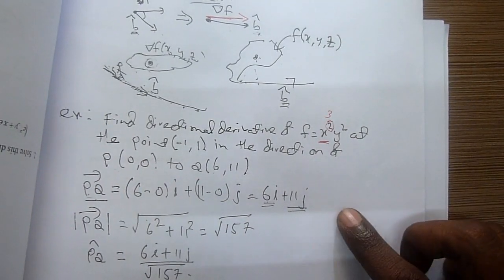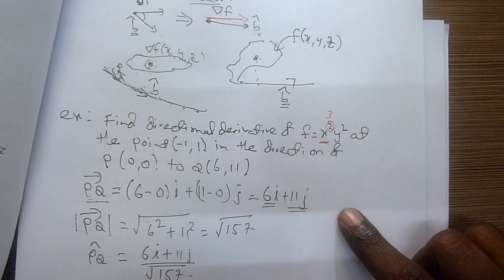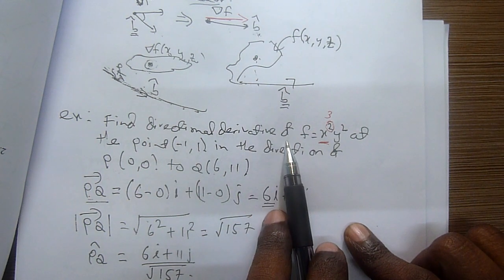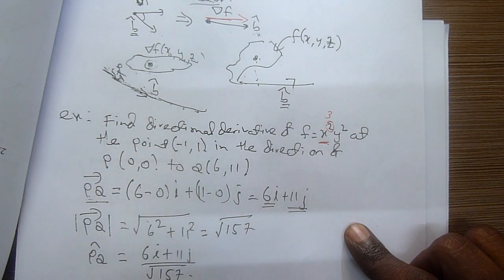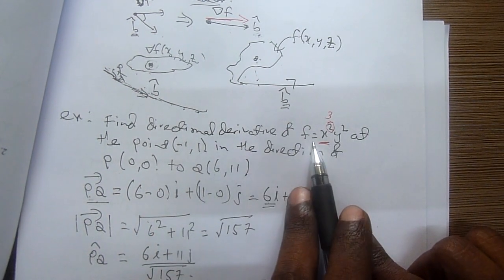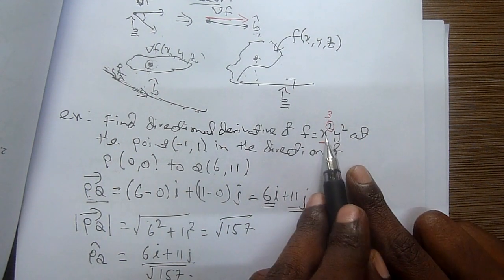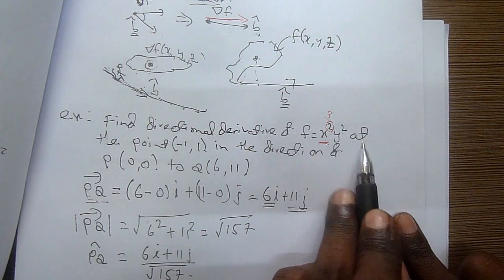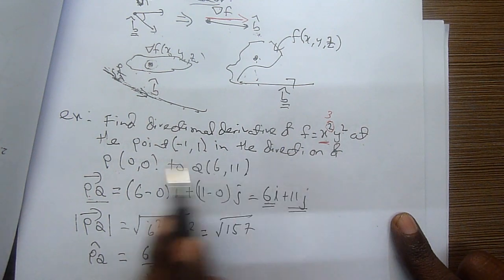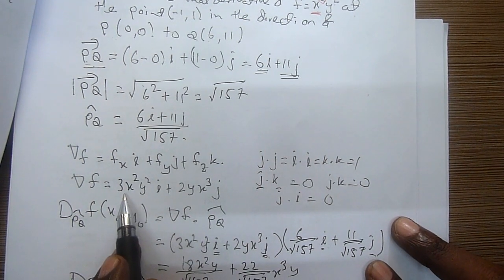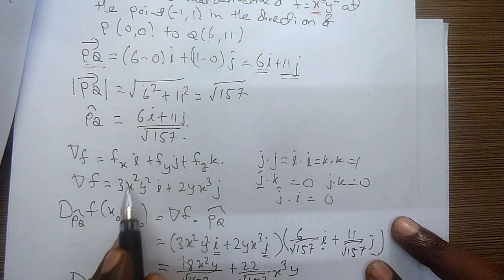The mistake I want you to take note of is in the previous example from the directional derivative. Find the directional derivative, this is the first example, sorry. The student noticed that x should be to the power 3 and y to the power 2 at the point -1 in the direction of this, because I solved this as 3x^2y^2, which is supposed to be a 3.